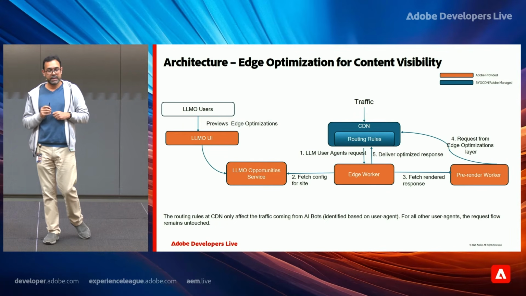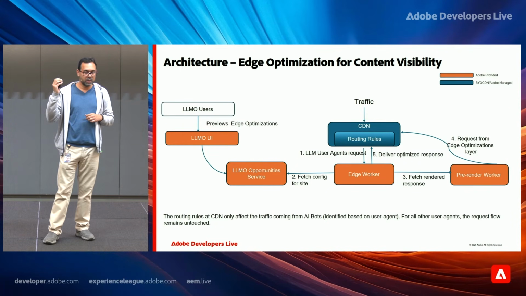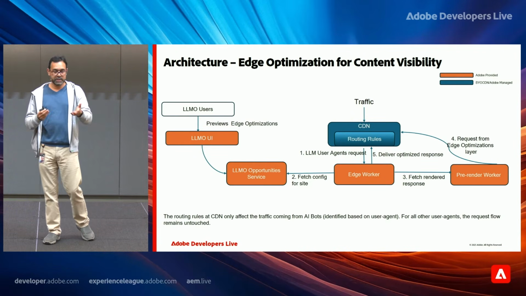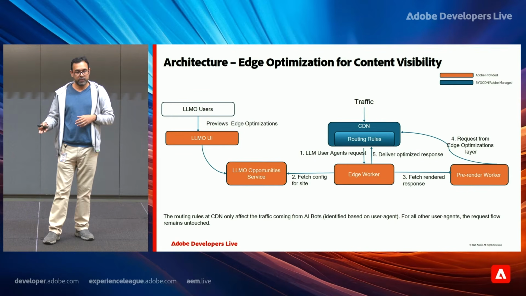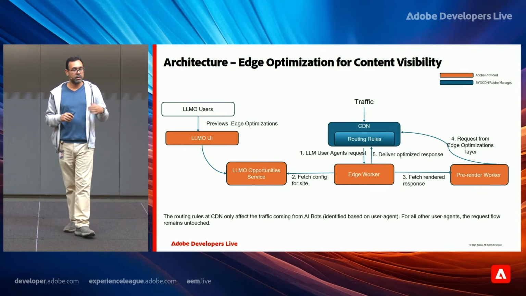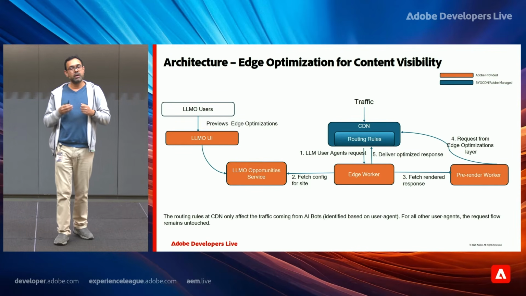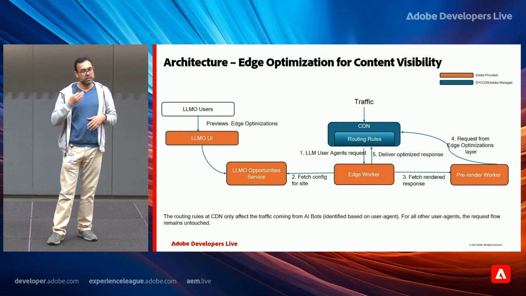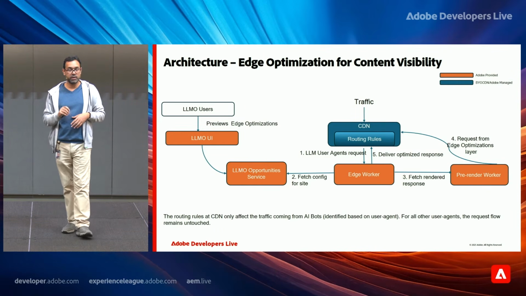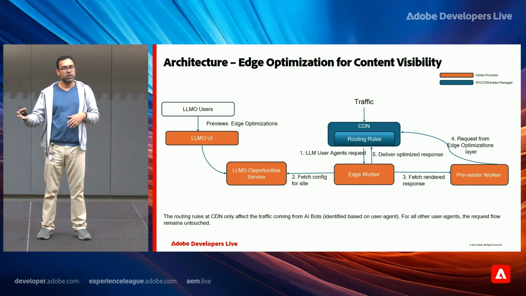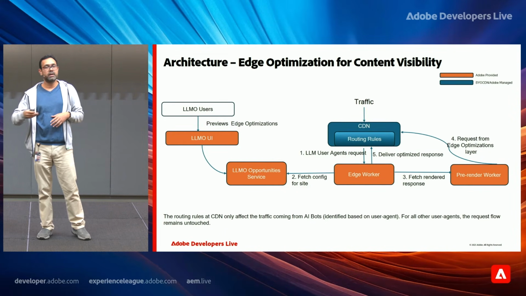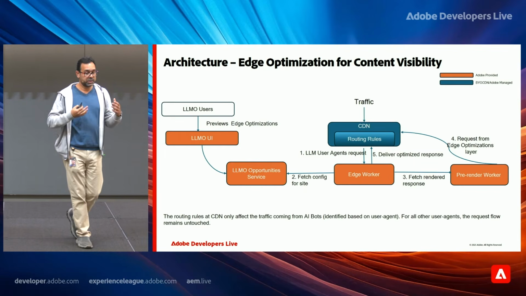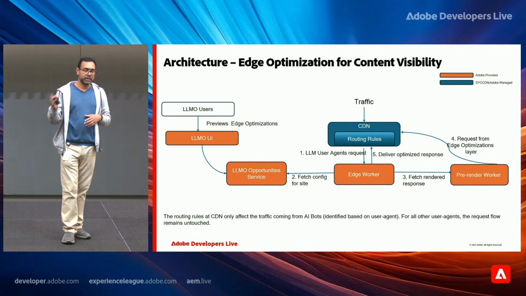Once that is done, all those AI agent bot requests will start coming to Adobe's platform. From there we call this LLM Optimizer opportunity service to find all the relevant optimizations that are possible for a given URL. And then the edge worker is the core piece of this flow. It will evaluate which optimization should be applied on that URL, and which type of optimization needs to be applied. Then if it is related to AI visibility, we'll call this pre-render worker.